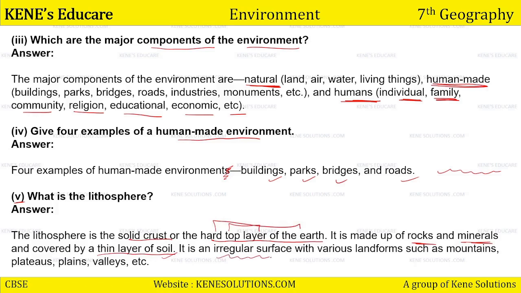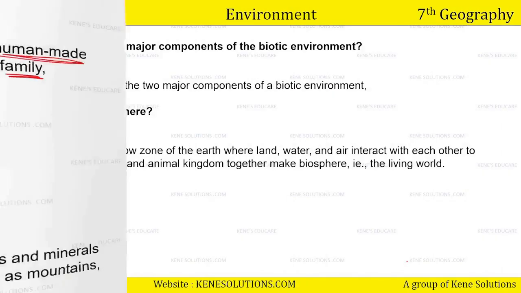It is an irregular surface with various landforms such as mountains, plateaus, plains, valleys, etc. So mountains are also lithosphere, plateaus are also lithosphere, plain regions are also lithosphere, and the valley region is also lithosphere because that's the top layer of the earth. Any top layer of the earth is considered as lithosphere.